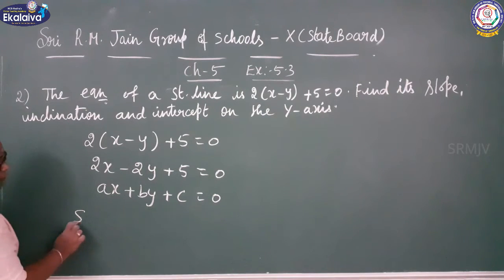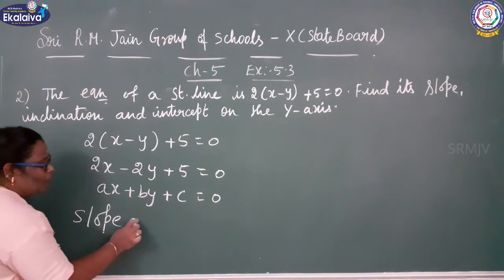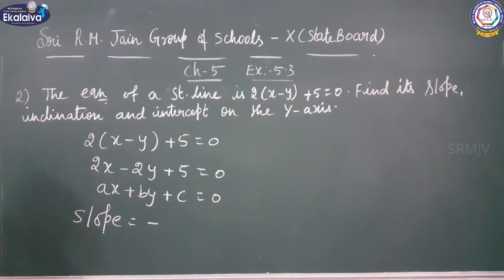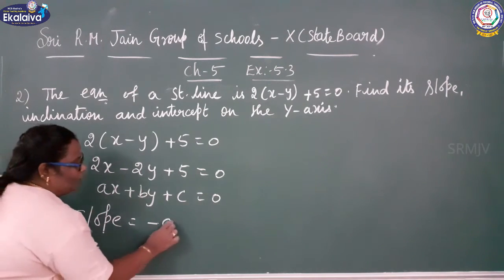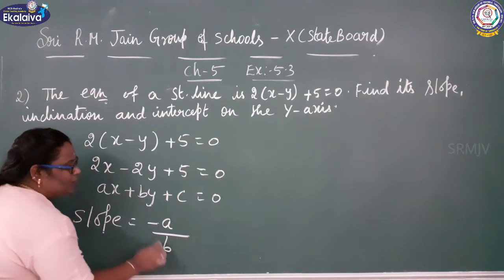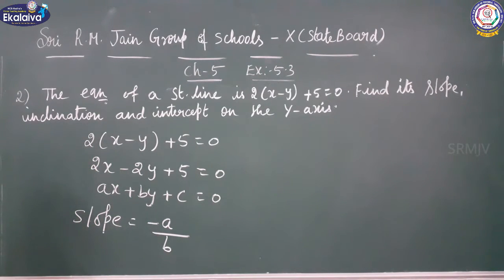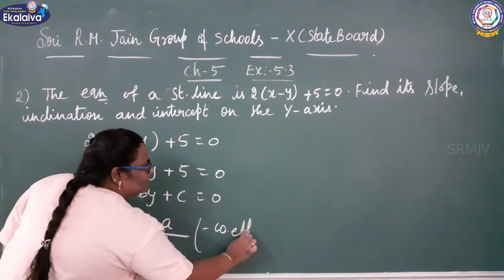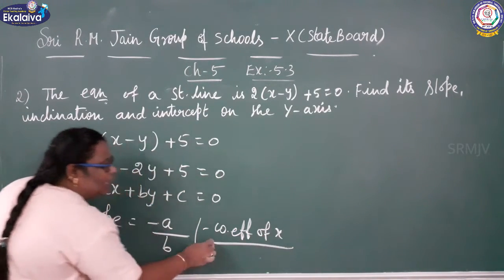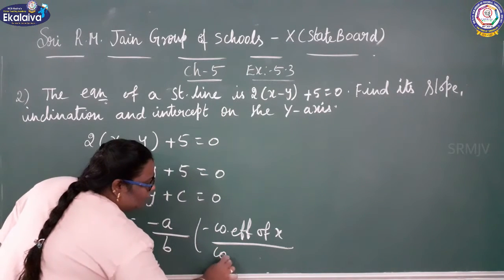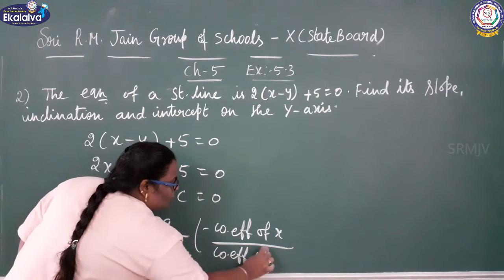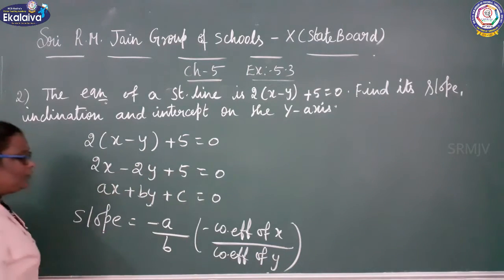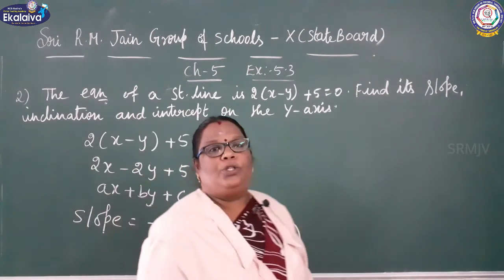First you should find the slope. Slope equal to minus coefficient of x by coefficient of y. Coefficient of x is a and coefficient of y is b. What is the coefficient of x here? 2.